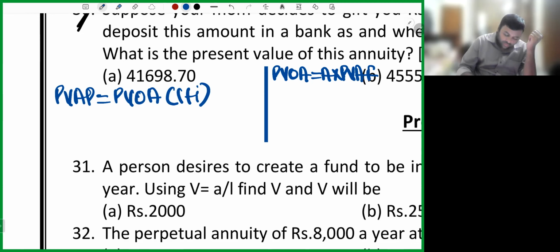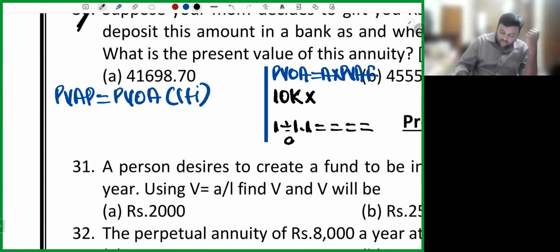Now, what is the value of A here? How much is your mom gifting? 10,000. Present value annuity factor, how will you get? 1 divided by 1.1 equal to symbol 4 times grand total. 1 divided by 1.1, 1, 2, 3, 4, grand total. 3.1698 into 10,000.